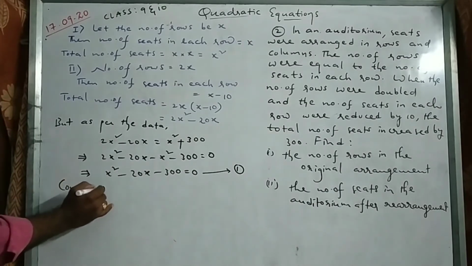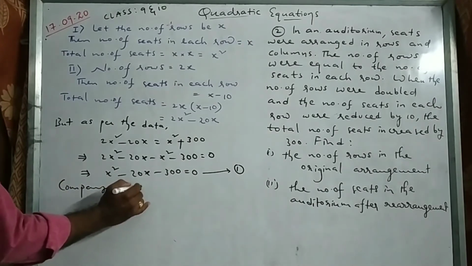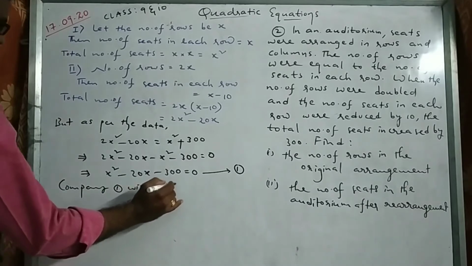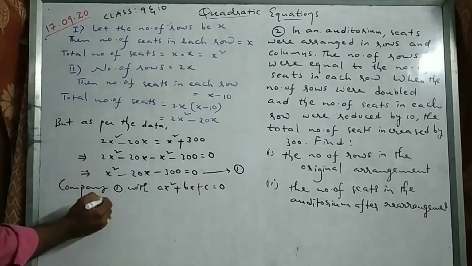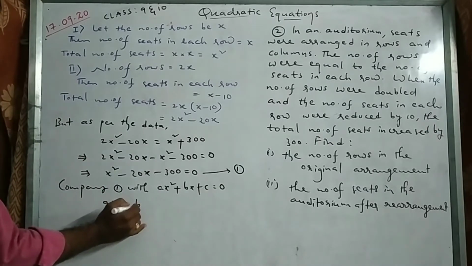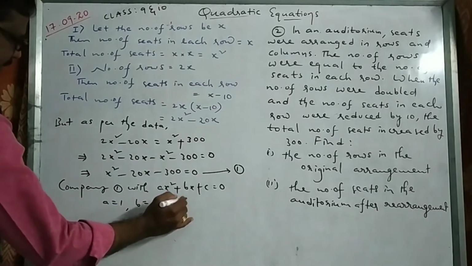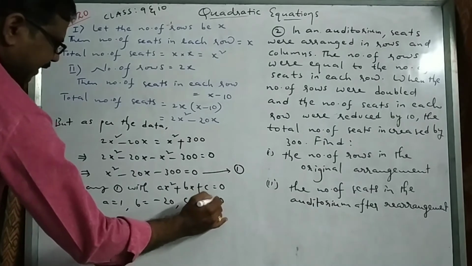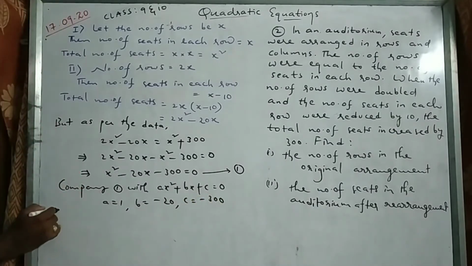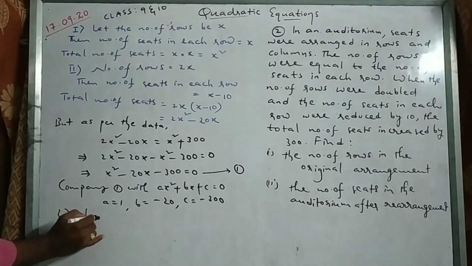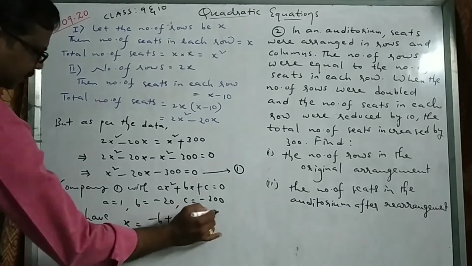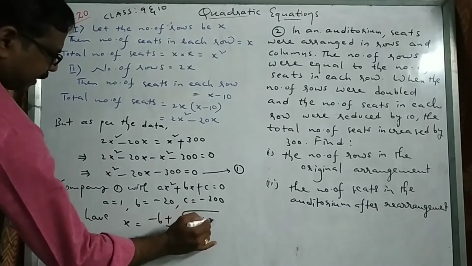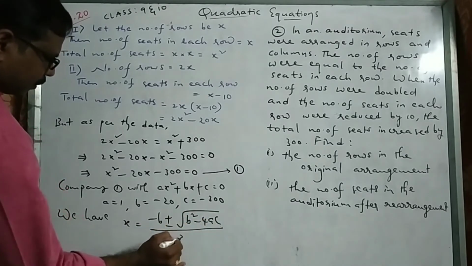Comparing with ax square plus bx plus c equal to 0, a value is 1, b value is minus 20, c value is minus 300. We have x equal to minus b plus or minus square root of b square minus 4ac upon 2a.